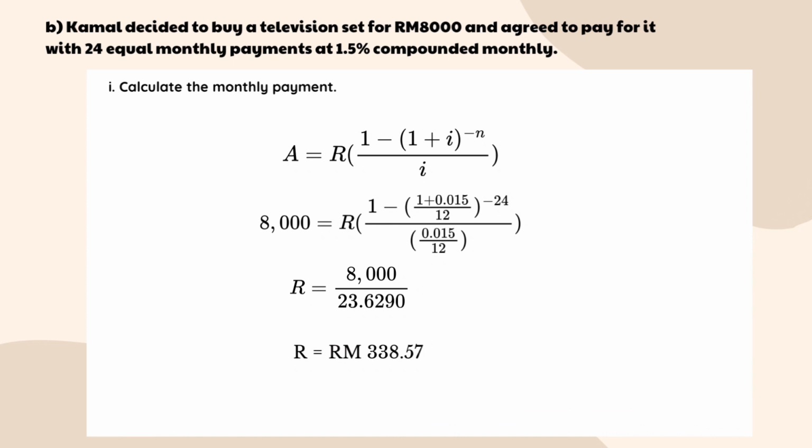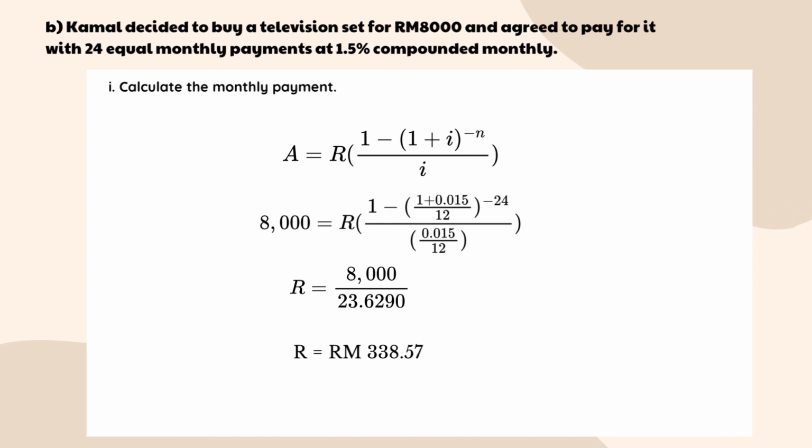Then, put all the information into the formula. What we have to do now is solve the problem inside the bracket first, and we get 23.6290. To find R, 8,000 divided by 23.6290, then we get 338 ringgit 57 cents as the answer.